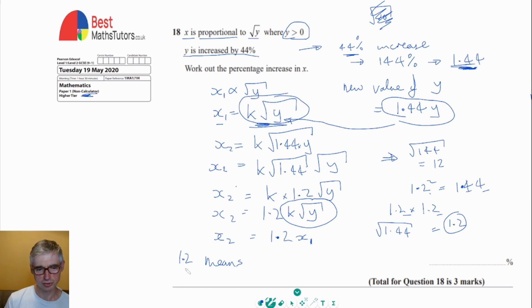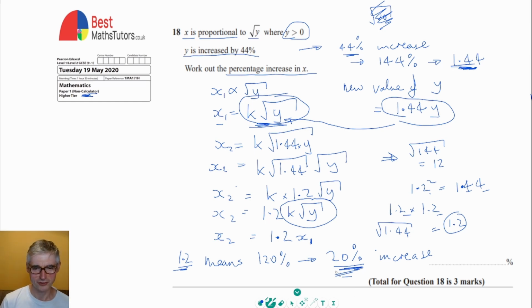As a percentage, that would be 120%, which would mean a 20% increase. So if we want to increase something by 20%, in other words, we could multiply it by 1.2. So what's happened here then is we're asked to find the percentage increase in x, and it was a 20% increase. So there's our answer, 20%.